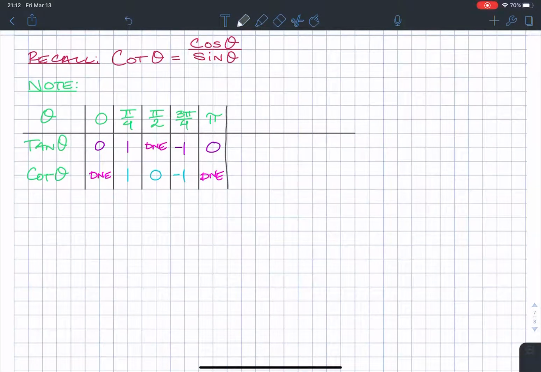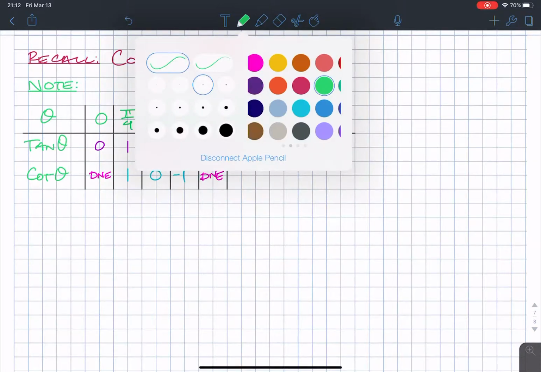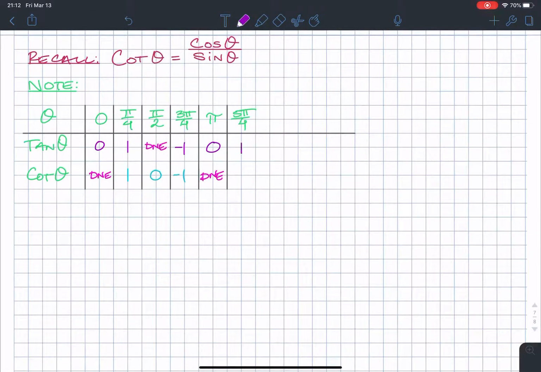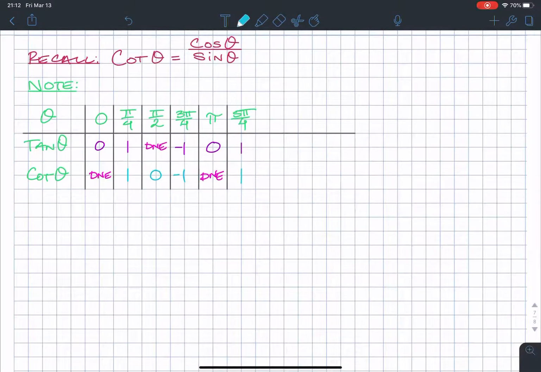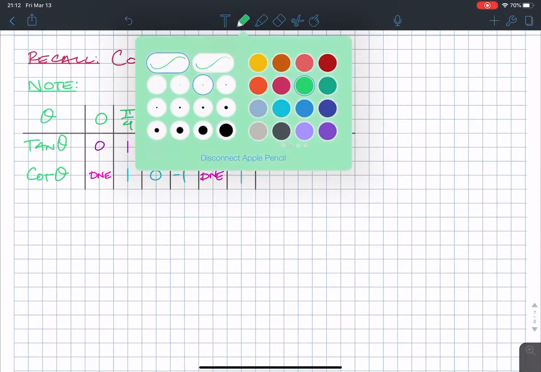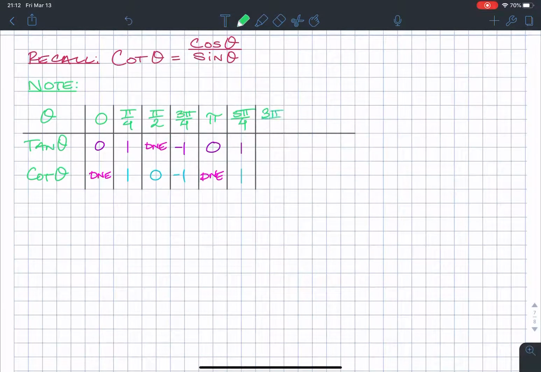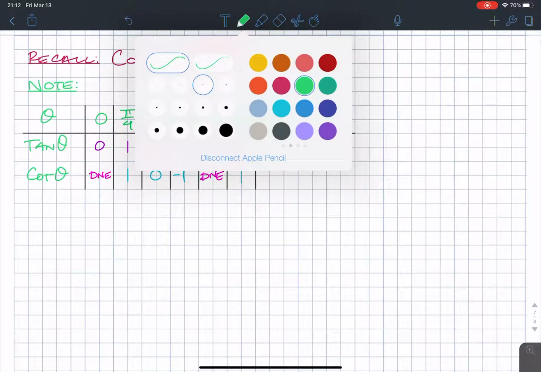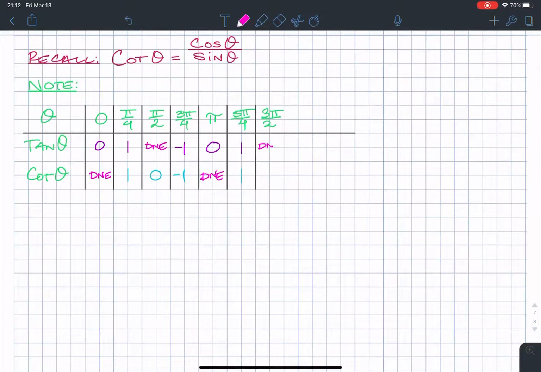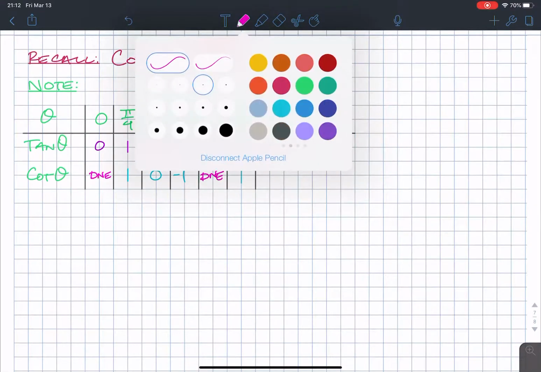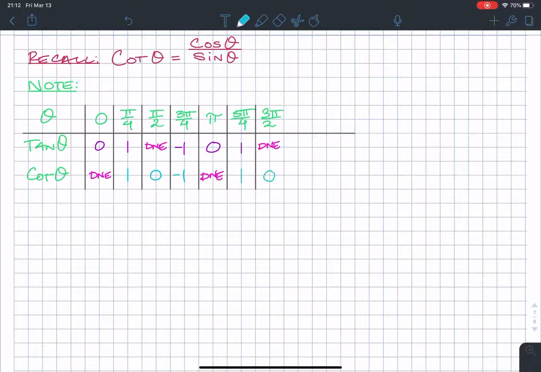Into quadrant 3, at 5 pi over 4, a negative divided by a negative gave us +1 for tangent, hence the reciprocal for cotangent is also +1. Going down to 3 pi over 2, 270 degrees, tangent was not defined because we were dividing by 0, so the reciprocal, of course, will be 0.